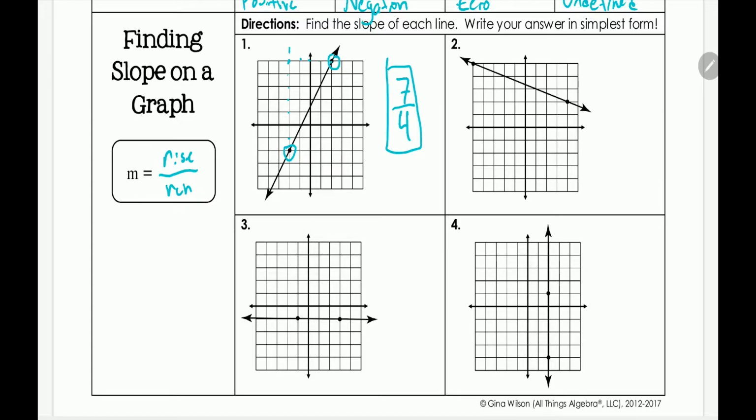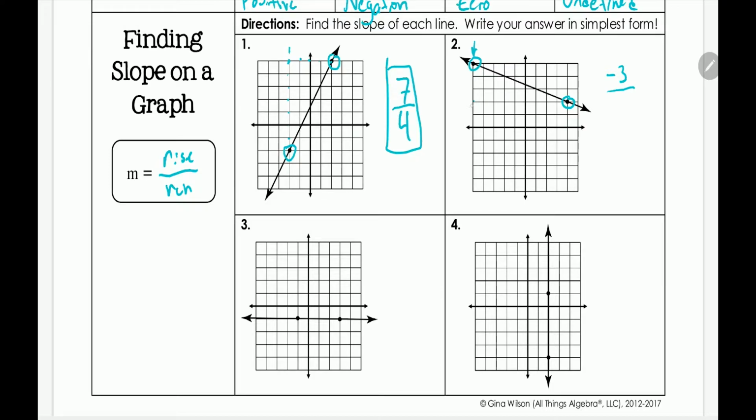Okay, number 2. For this one, we have our 2 points here and here. So let's go ahead and find our rise. So let's start from this point this time. We're going to go down 1, 2, 3. So since we're going down, it's going to be negative 3 over. And let's figure out the run, or in other words, how many left or right.